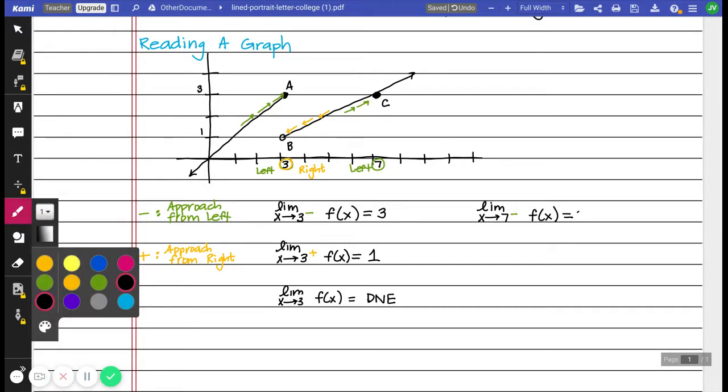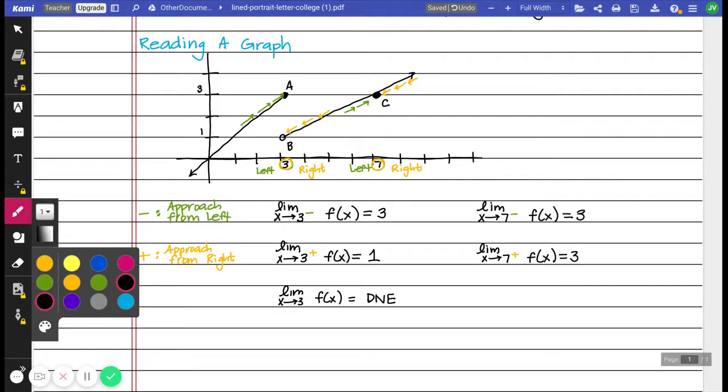When I do that, my function equals 3. If I approach 7 from the right, here's 7, here's the right, once again, my function equals 3.